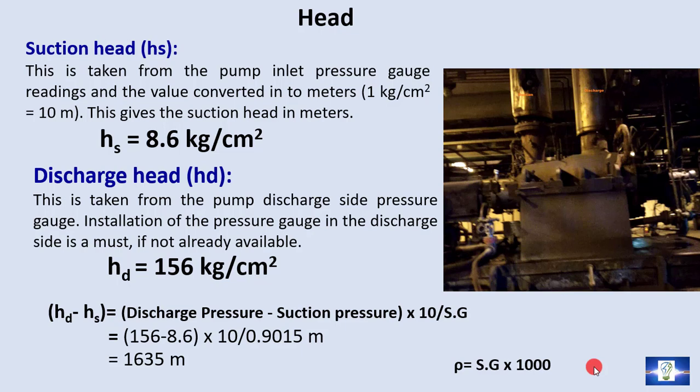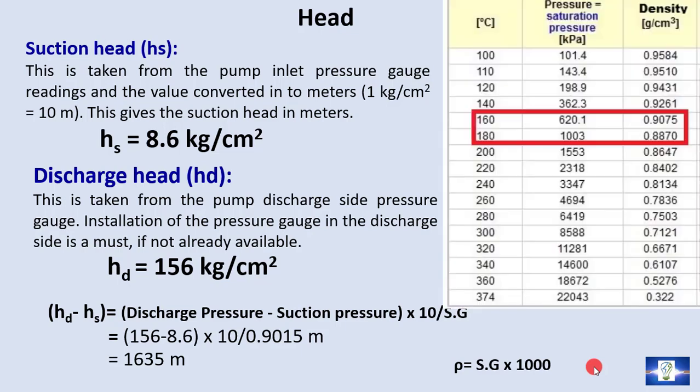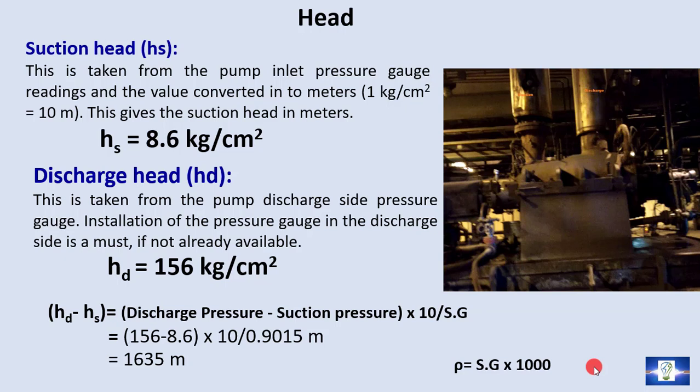At the operating condition of 166 degrees centigrade, the water specific gravity is 0.9015. So HD minus HS is equal to (156 minus 8.6) times 10 divided by 0.9015 meter, which is 1635 meter.